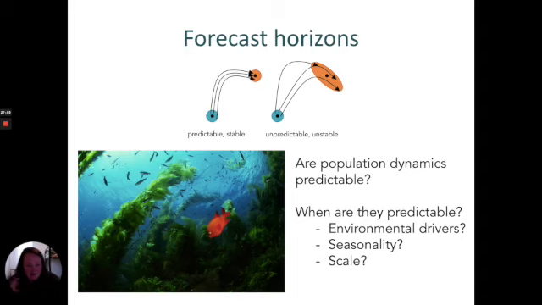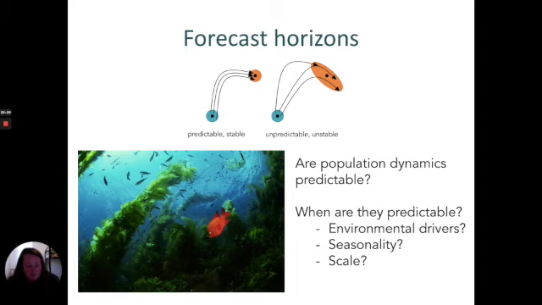So these periods of intermittent chaos, where perhaps some times of the year these systems are stable, whereas others they are less stable, unpredictable. And so identifying these forecast horizons, or how far out we can predict these ecological dynamics, is an important step in trying to figure out how much we can learn about our environment.